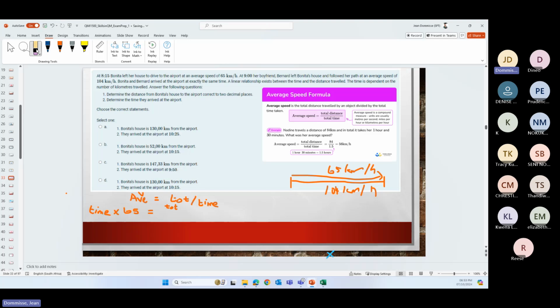And then we do the same for Bernard, and his one was 104 times time, because we know that the total will be the same. So the total distance will be the same for both of them. Okay, so if we then put that into context, we basically get the distance that they will travel.